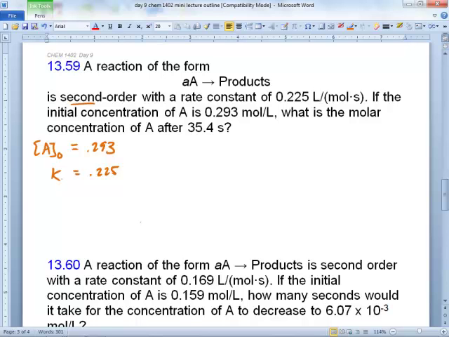No, they didn't say anything about half-life. That's not measured in seconds. Yeah, but there's something else measured in seconds. Time. And what symbol is that? 35.4. Well, what's the symbol? The lowercase t. Yeah, just that little t, right? Okay. Now we have everything.